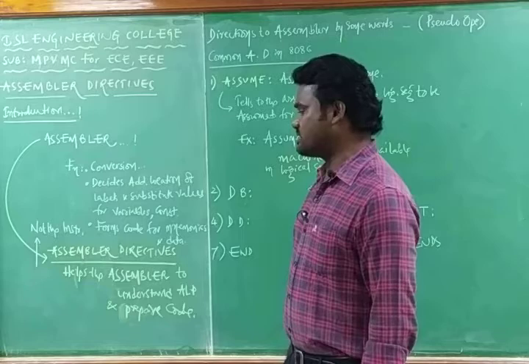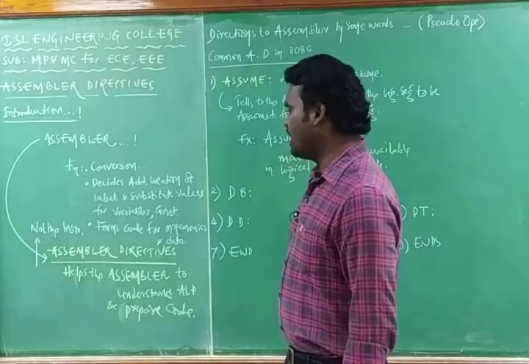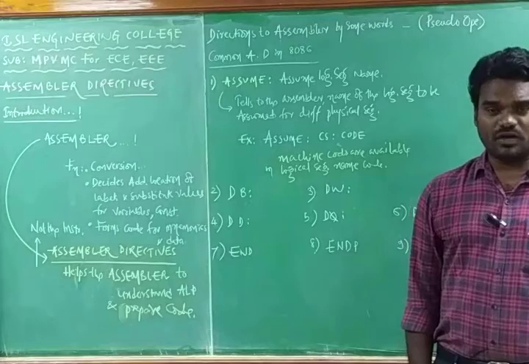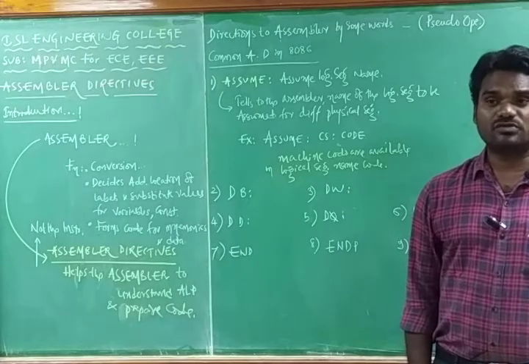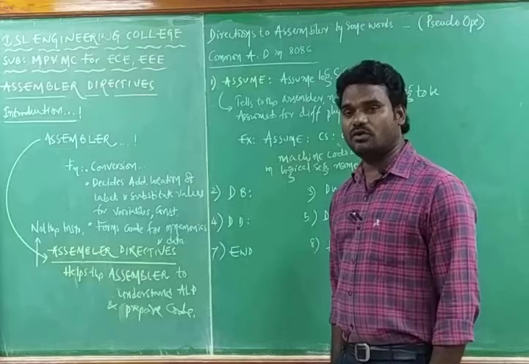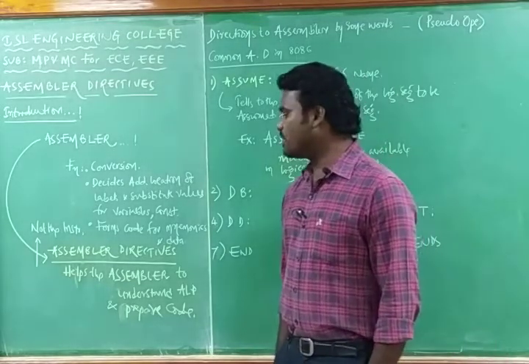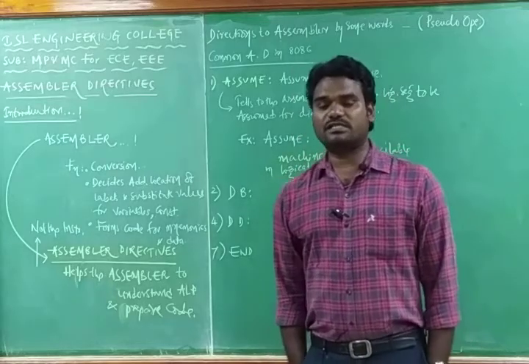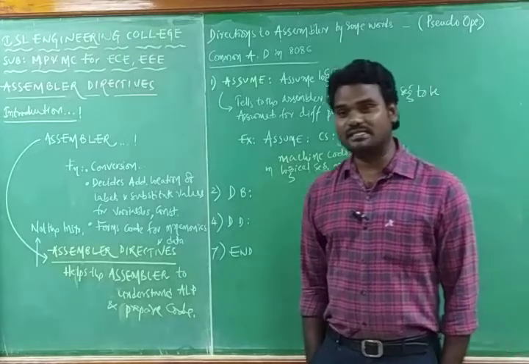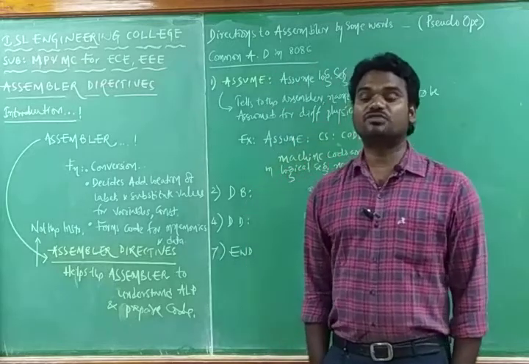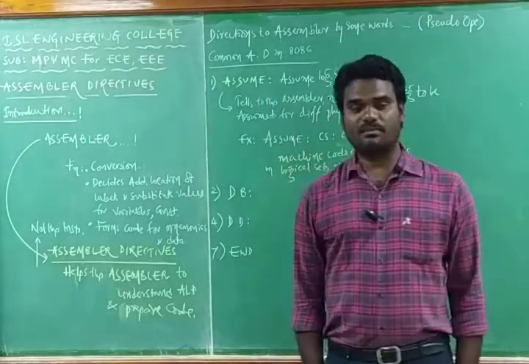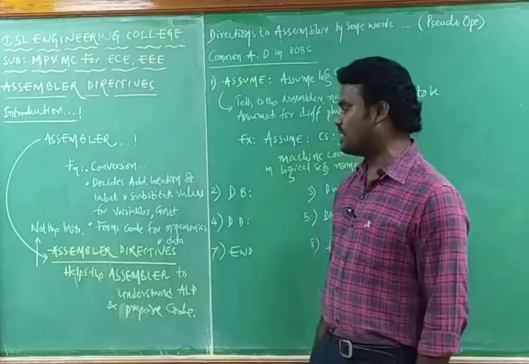So the assembler decides the address location of the label, and it substitutes the values of variables and constants. If the assembly text has variables and some constant values, the assembler is going to substitute the machine language codes which are equivalent to the variables and the constants. So the first important function of the assembler is converting assembly language into machine language, and the second is deciding the address location for the labels and substituting the values for variables and constants, if there are any in the assembly text, which is one line in the assembly language program.